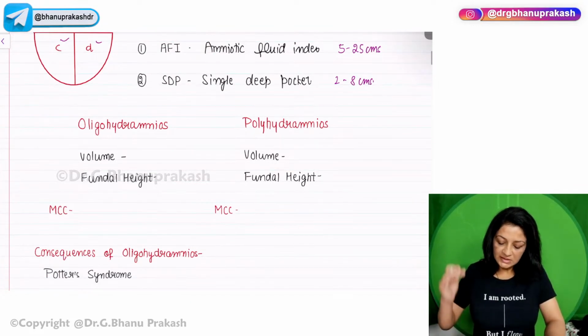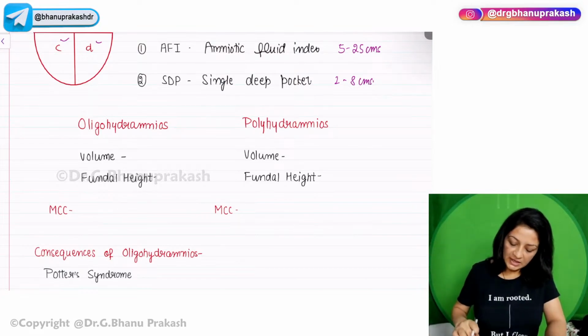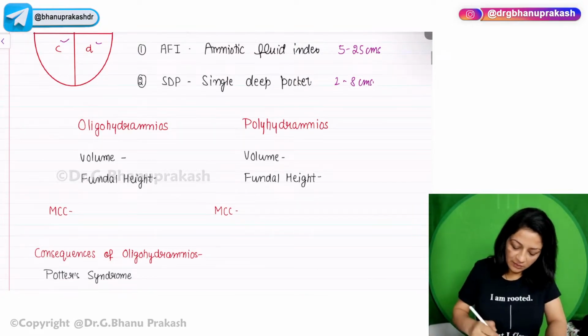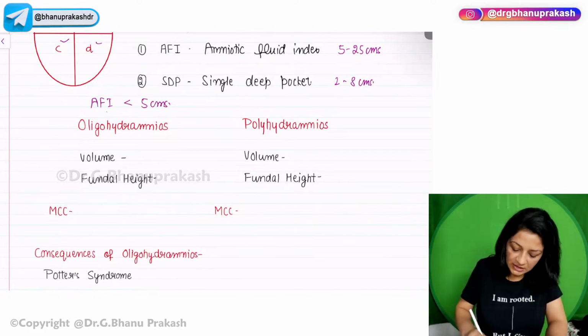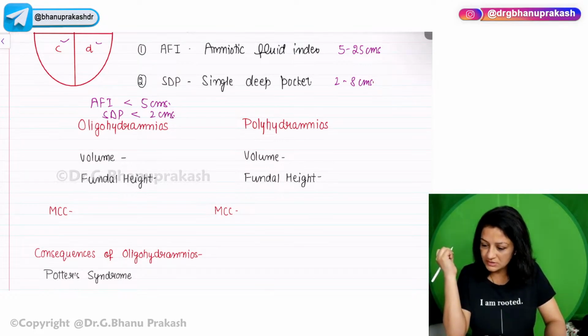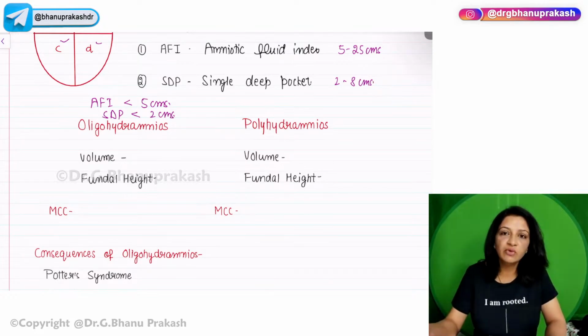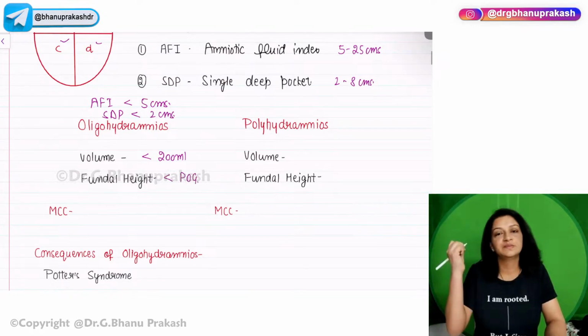Next, what is oligohydramnios and what is polyhydramnios? In oligohydramnios, the amniotic fluid index is less than 5 centimeters and the single deep pocket is less than 2 centimeters. The volume is less than 200 ml and the fundal height will be less than the period of gestation.